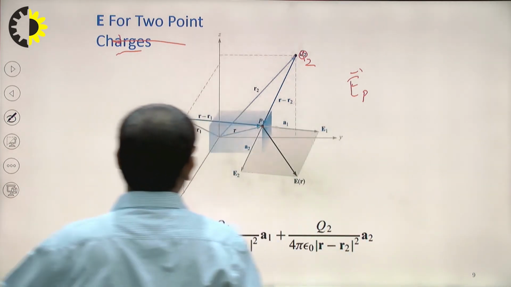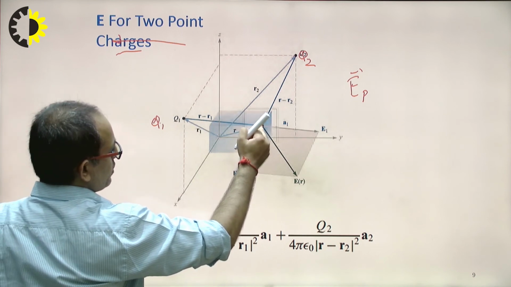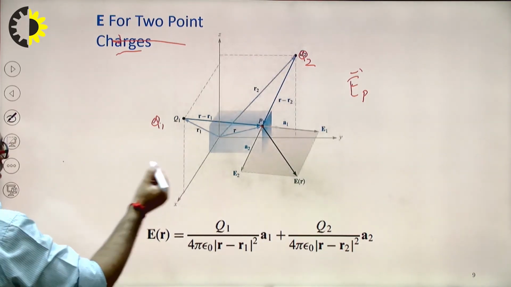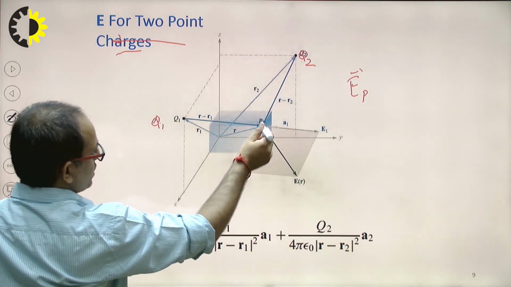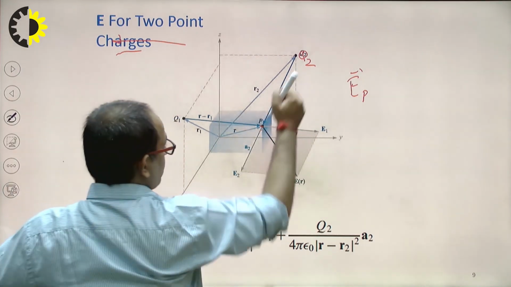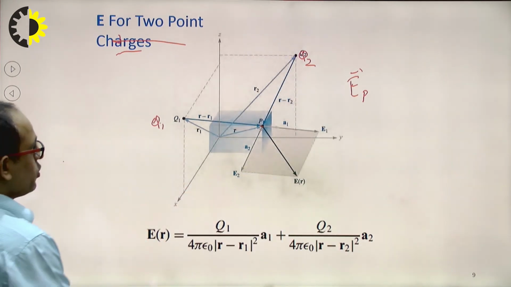Clear? Now first I will calculate the force at this point P due to point charge Q1 plus force at point P due to charge Q2 will be equal to what?